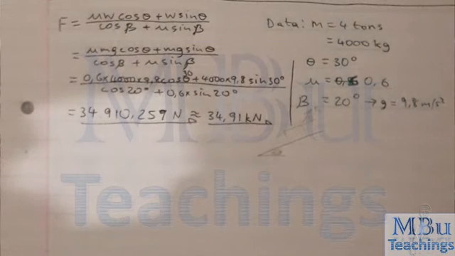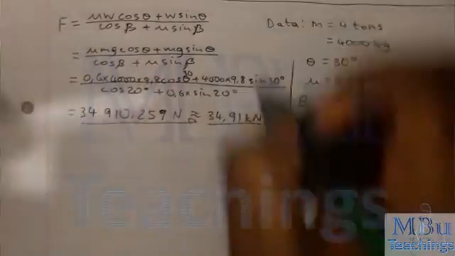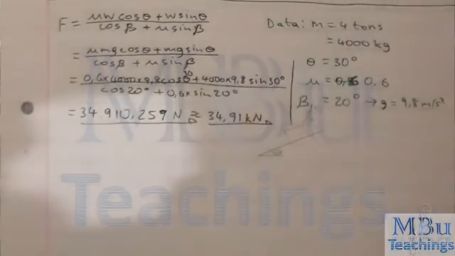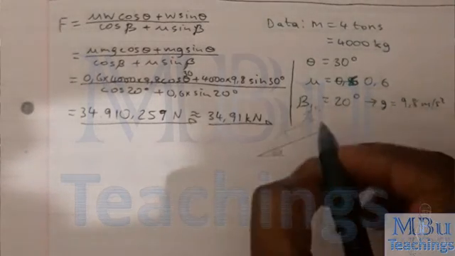Then let's move to the second part, because this question is in 2 parts. So in other words, this is beta 1. Let's read further. Also calculate the force required to push the object downwards along the slope if the pushing force forms an angle of 25 degrees with the incline.